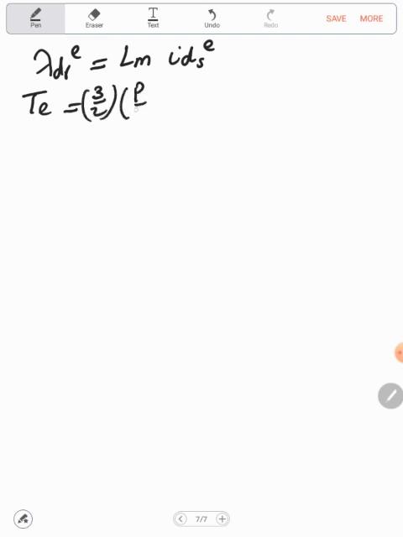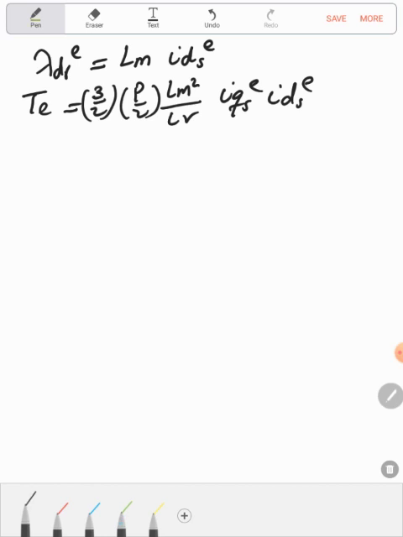So to summarize, under the field oriented control we have lambda DRE equal to LM IDSE, and the torque Te equal to 3 over 2 P over 2 LM squared over LR IQSE IDSE.